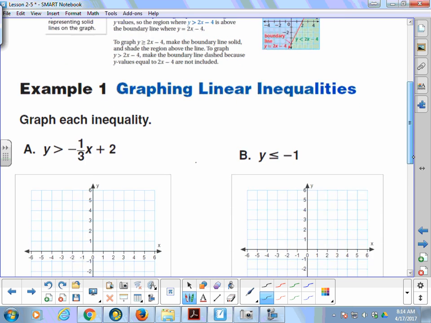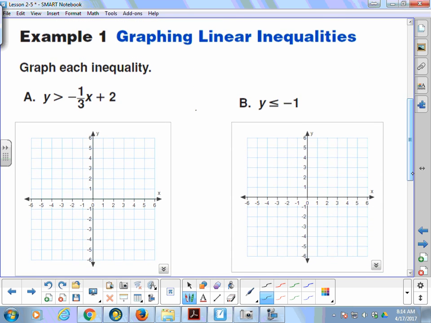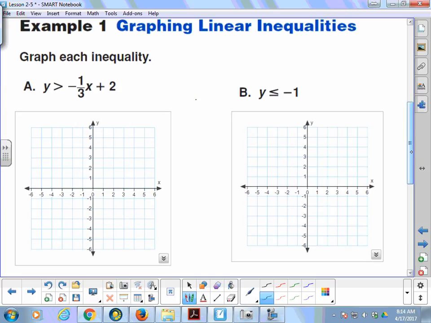Right? So let's look at graphing linear inequalities then. So our main part of this is the same as what we're doing with just graphing lines. Okay? The difference is that you have to pay attention to here and here. Okay? What does that say?